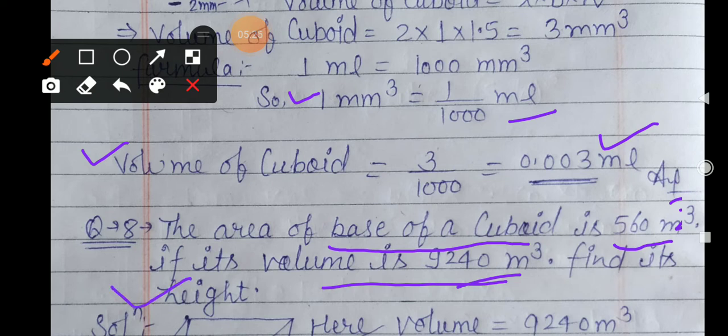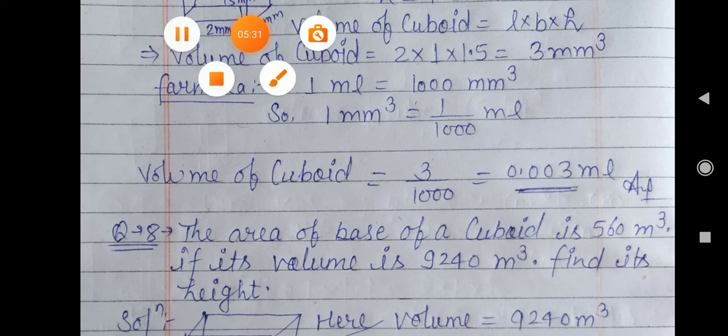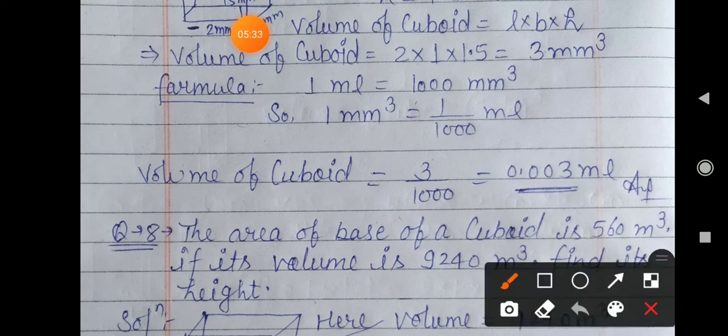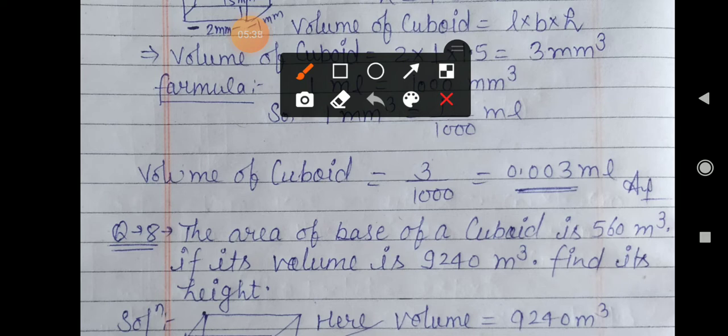So here you have the area of the base, and the volume of the shape is also given, and you have to find the height of that shape. You have to correct the area of the base of the cuboid to 560 meter square. So what is the formula?